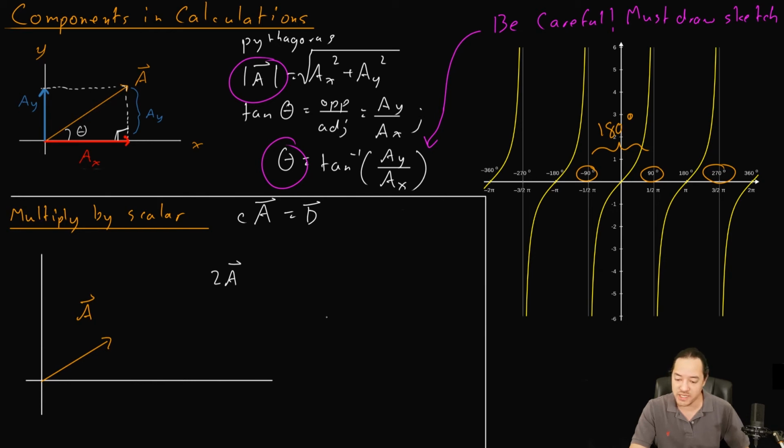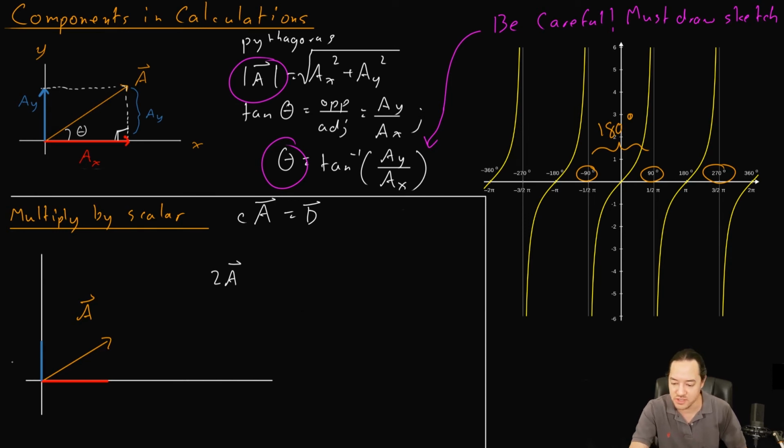Well, one way is to graphically take this a, copy it over, head to tail, make a chain of 2 of them, and you can measure that up. Yes, we can do that. If we know the magnitude of a, it's just 2 times the magnitude of a. But let's say we know the components of a. Let's say we have this component here, and we also have the y component over here.